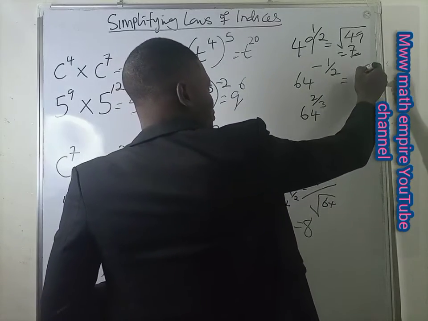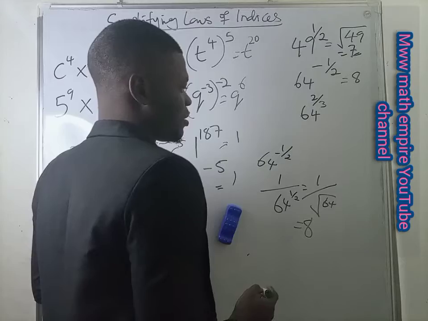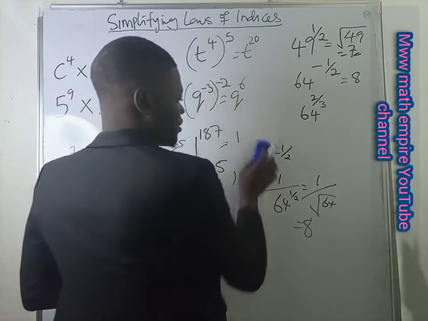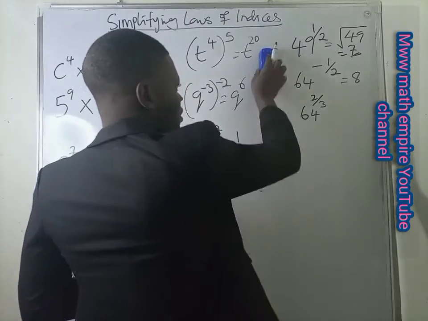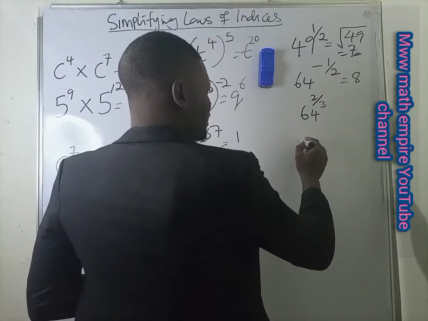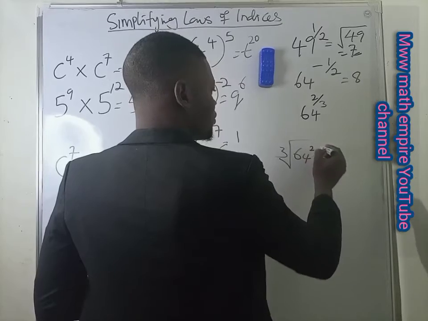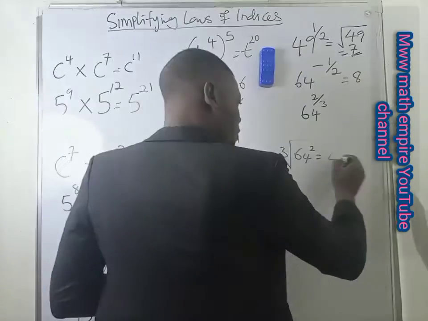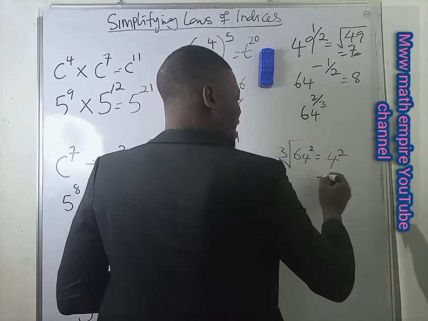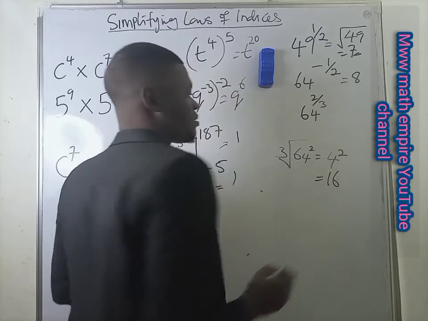Then coming over to this side, 64 raised to the power of 2 over 3 is the same thing as having the cube root of 64 raised to the power of 2. With this, I will be having 4 here, still raised to the power of 2. At the end of the day, I will be having 16.